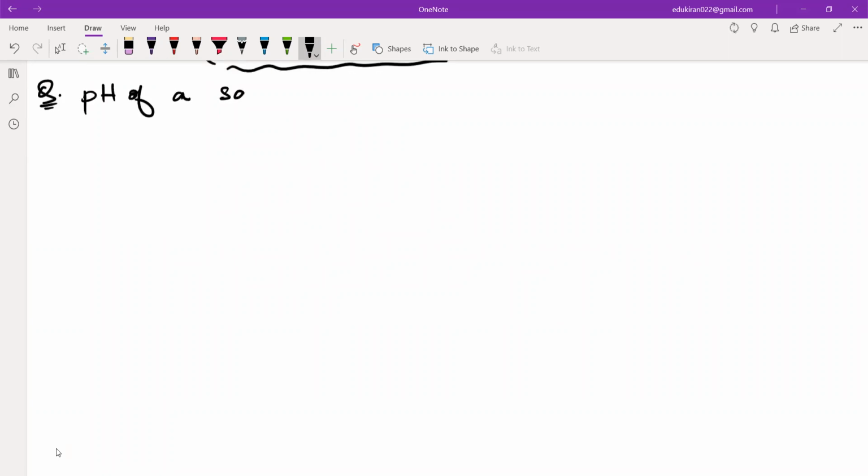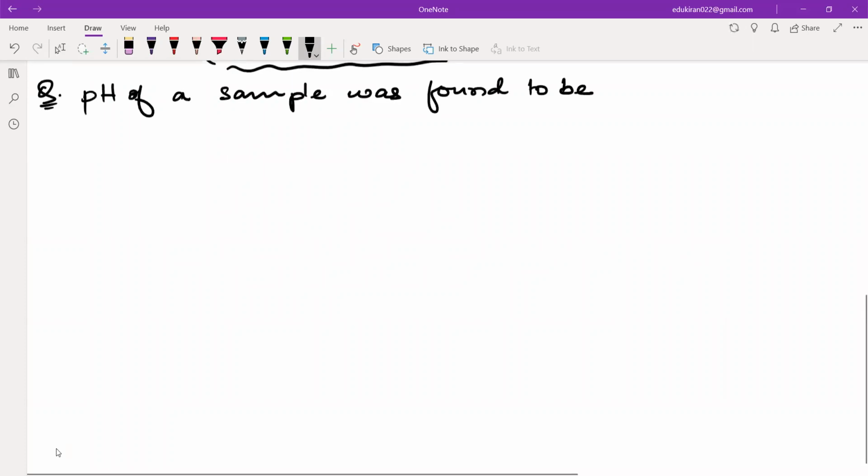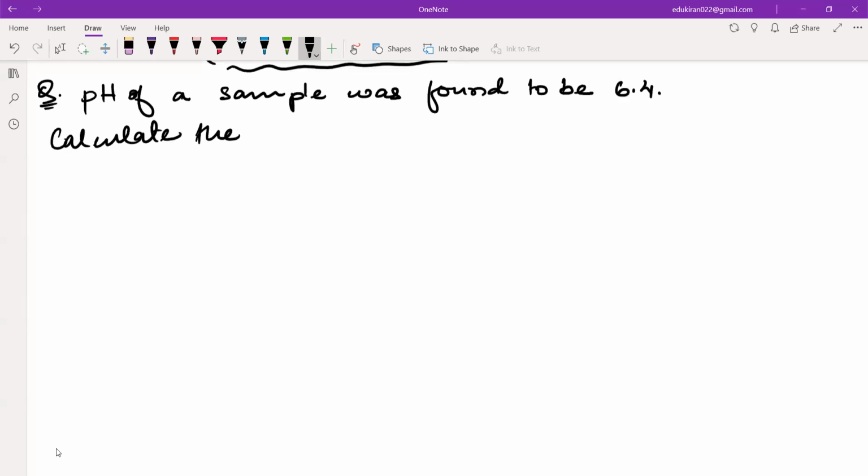The pH of a sample was found to be 6.4. By the way, 6.4 is the pH of human saliva. Calculate the concentration of H3O plus ions and OH negative ions.